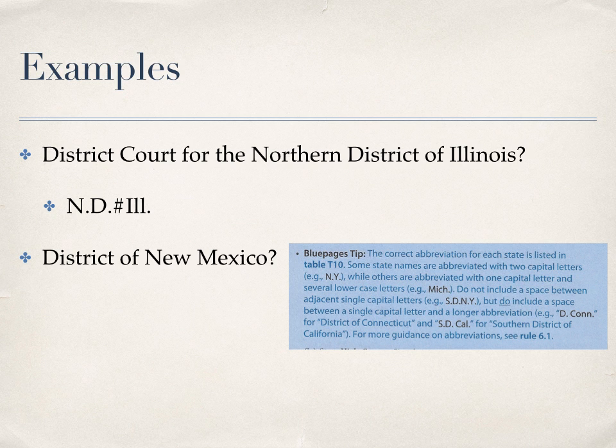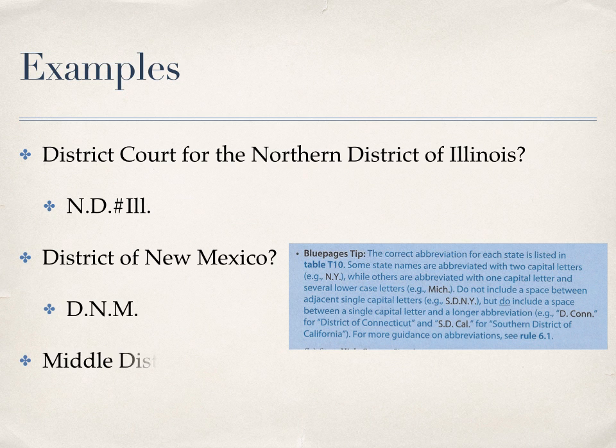We're going to cover this rule in more detail later, but for now, remember to close up all adjacent single capital letters, but place a space before and after a longer abbreviation. So Illinois, because it's a longer abbreviation, needed that space before it, but New Mexico, being made up of all adjacent single capital letters, would be closed up with no spacing.